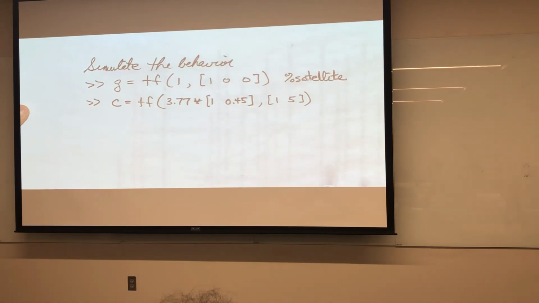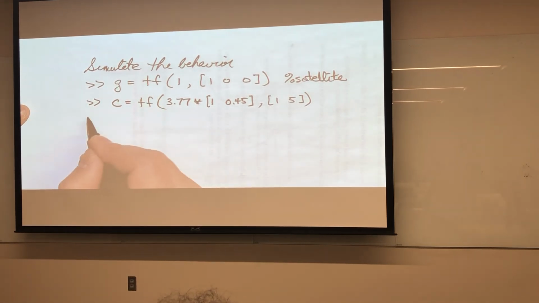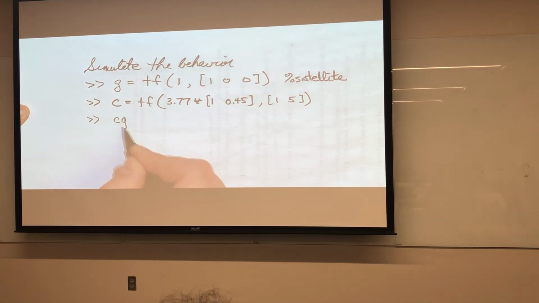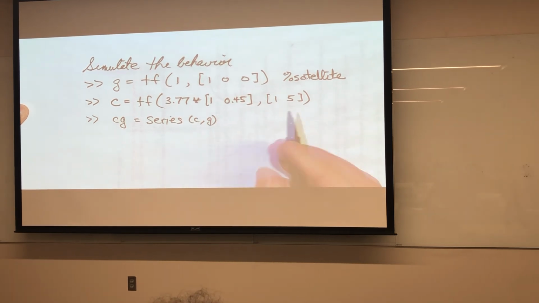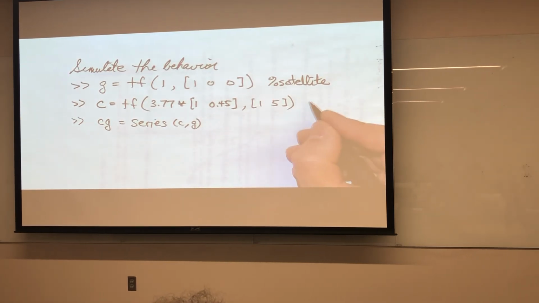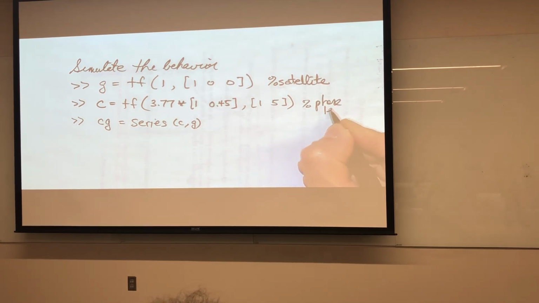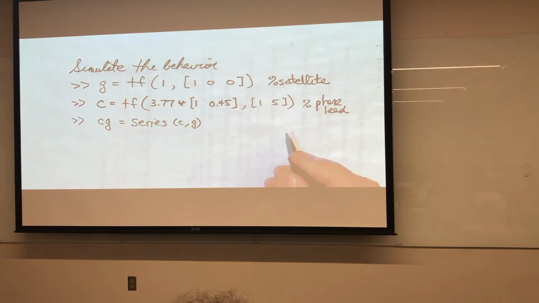And then the pole of the compensator was s plus 5. Okay. So the combination of these two, I'll call it CG. CG is the series combination of C and G. So this is the phase lead. This is the satellite. This is the phase lead.